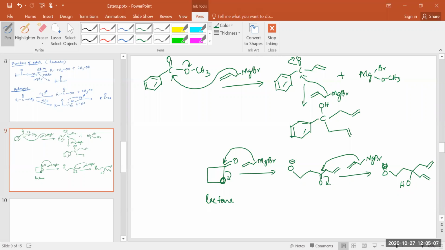So the ring will open. The cyclic esters are called lactones, and there will be all similar types of reactions.